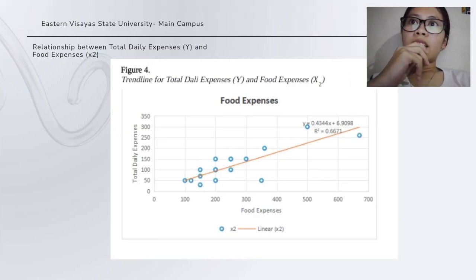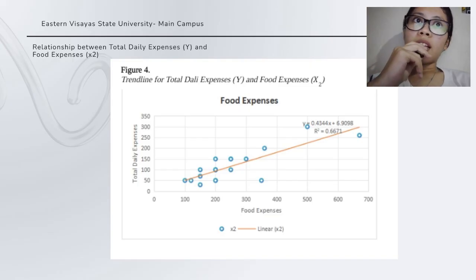Next is the graph naman for our total daily expenses and the food expenses, x sub 2. So this shows the relationship between our dependent variable y and our x sub 2. So this graph shows how the food expenses affect our total daily expenses.